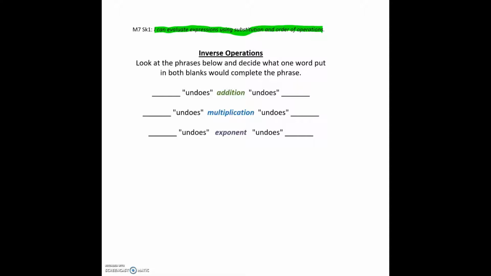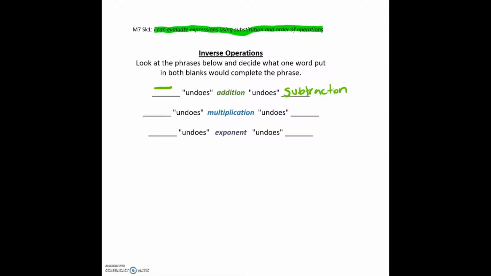All right, so addition. We've talked about this before. The inverse operation for addition is subtraction. On this side, I'm going to write a minus sign. So subtraction undoes addition, and addition undoes, over here, I'm going to write the actual vocabulary word, subtraction.